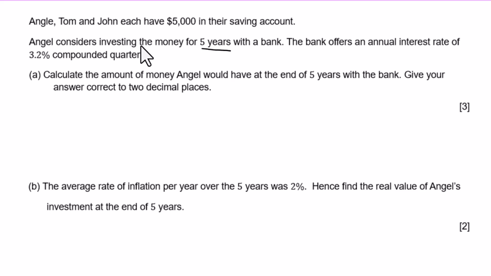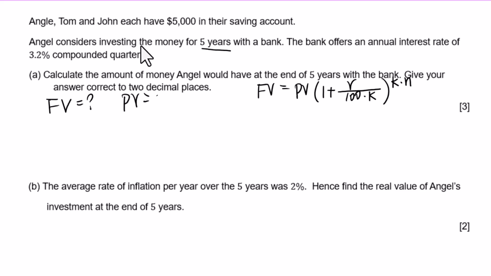We will use the compound interest formula. Future value equals present value times 1 plus R over 100 times K to the K times the nth power. Based on the given information, future value is what we are looking for, and present value is $5,000.